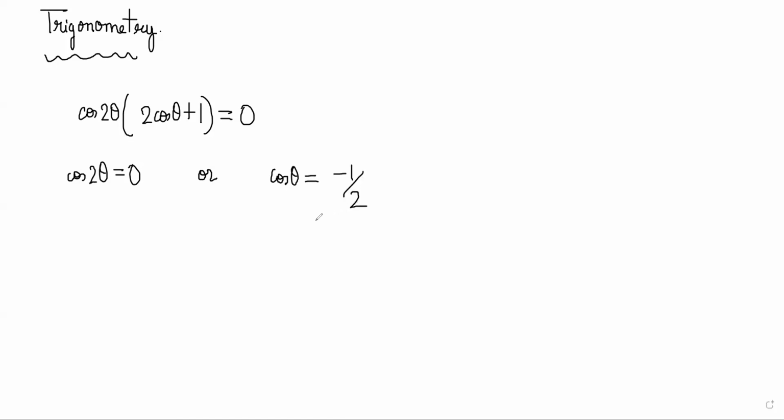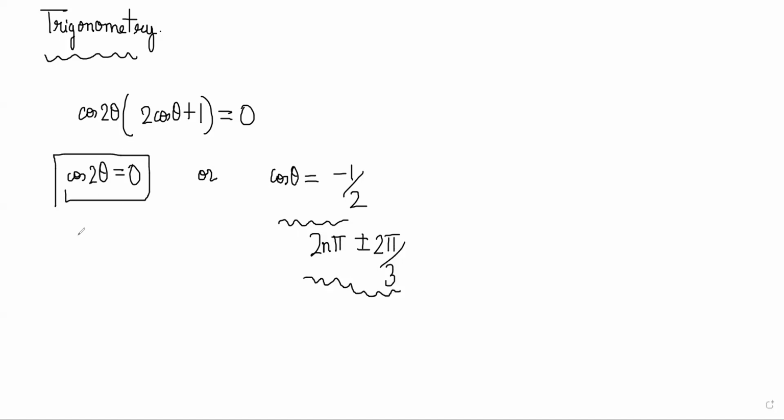So from here you are getting 2 n pi plus minus pi by 3, 2 pi by 3, right? Yes, sir. What are you getting from here? 2 n pi plus minus pi by 2, right? Yes, sir. That's the answer.